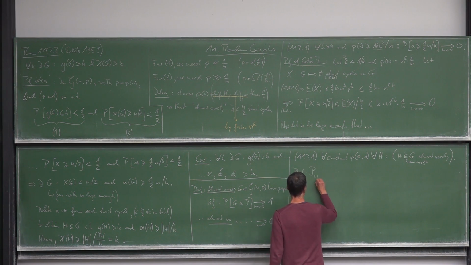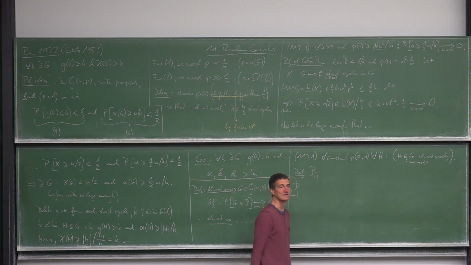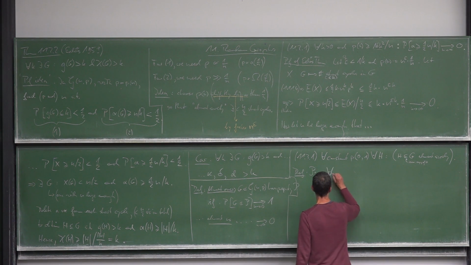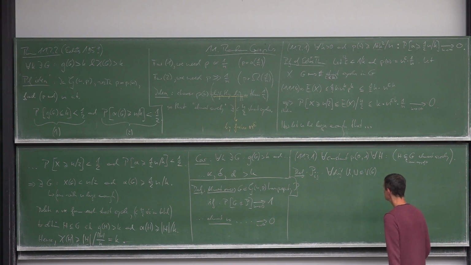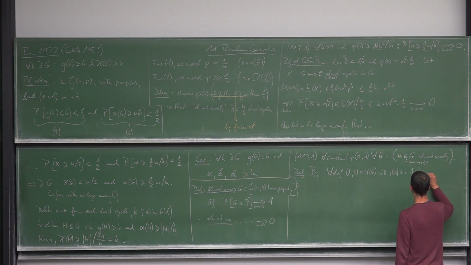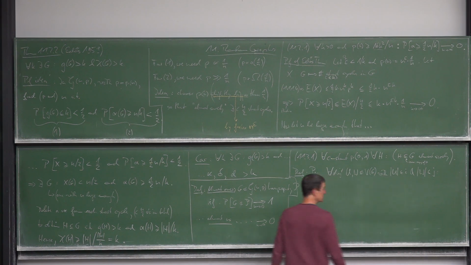A property, P_ij, is that for all disjoint sets U and W of vertices, so U has to have size at most i, not exactly i, at most i, and W has to have size at most j. We have this property that we studied before.